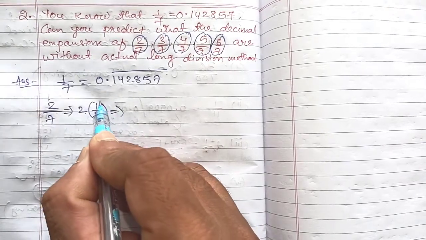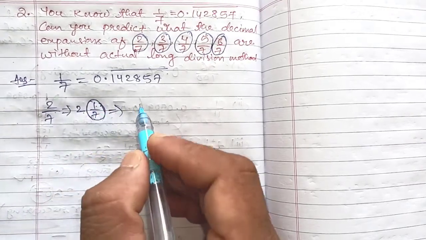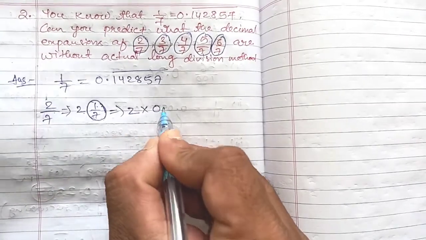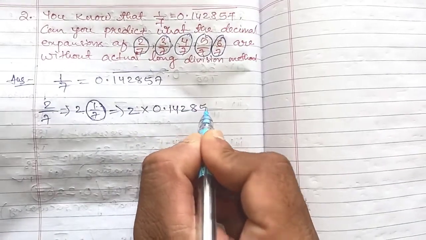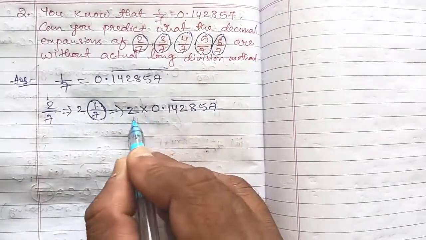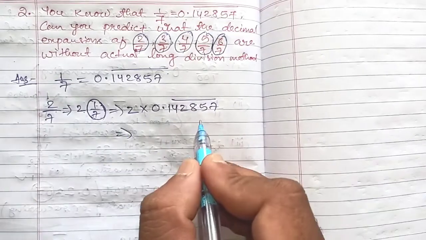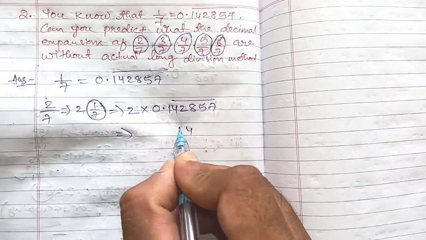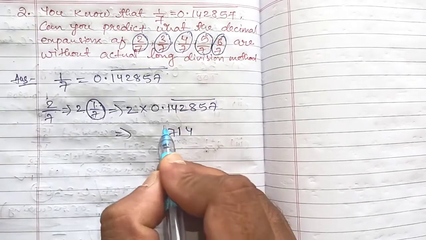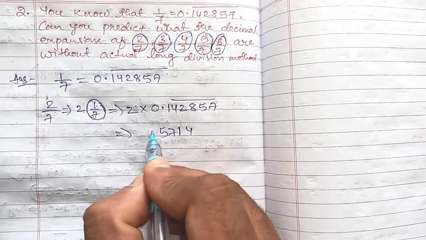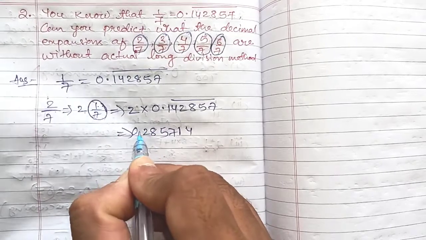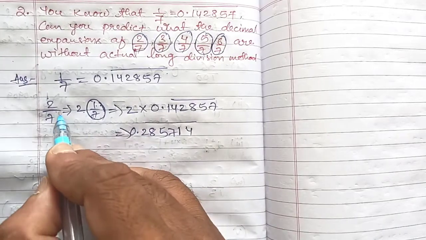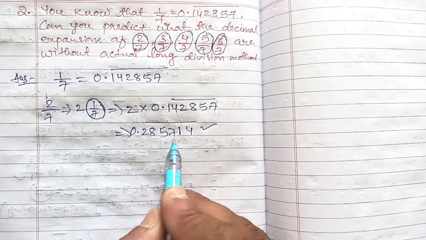Now we know the value of 1 by 7. 2 into 1 by 7 will become 0.142857 bar multiplied by 2. We multiply and write: 2 7s are 14, 1 carry, 2 5s are 10, 1 is 11, 2 8s are 16, 1 is 17, 2 2s are 4, 1 is 5, 2 4s are 8, 2 1s are 2, so 0.285714 bar. So the value of 2 by 7 is this much. Without dividing we got the value.